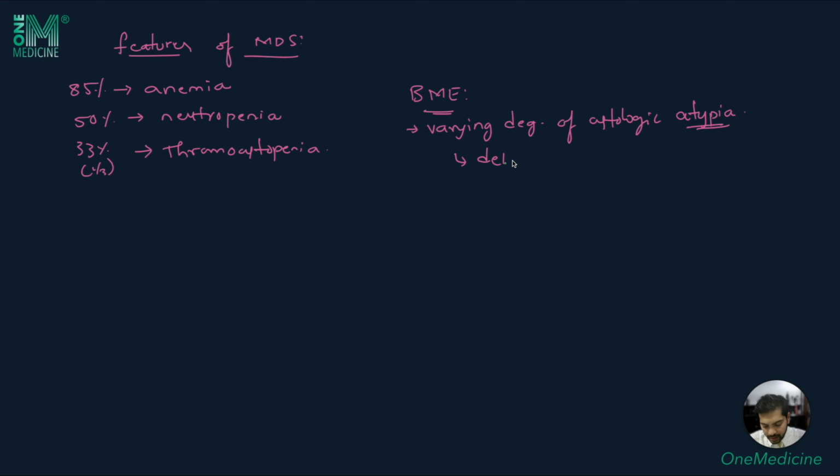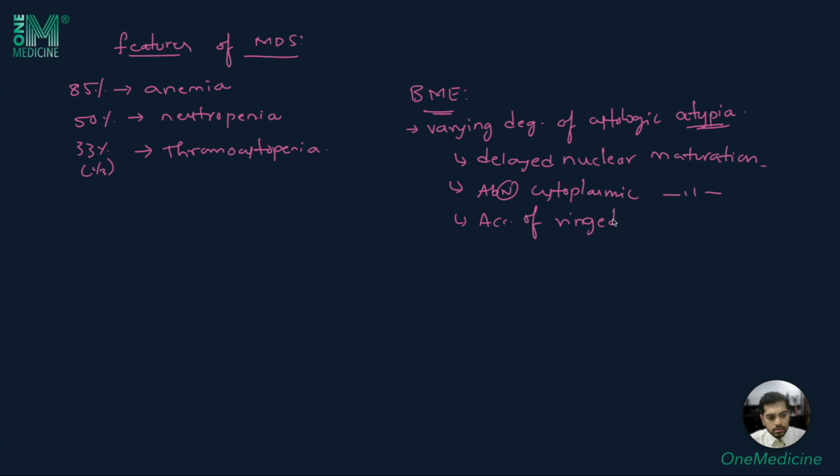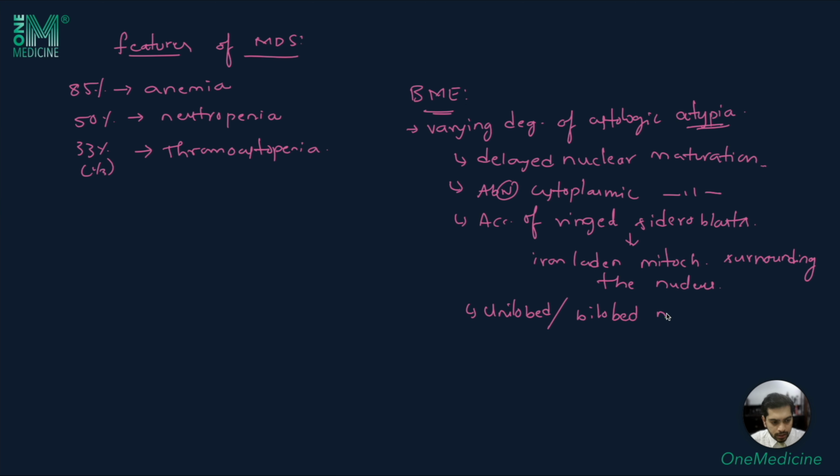These include delayed nuclear maturation, abnormal cytoplasmic maturation, accumulation of ringed sideroblasts. These are iron-laden mitochondria surrounding the nucleus. There can be unilobed or bilobed megakaryocytes.